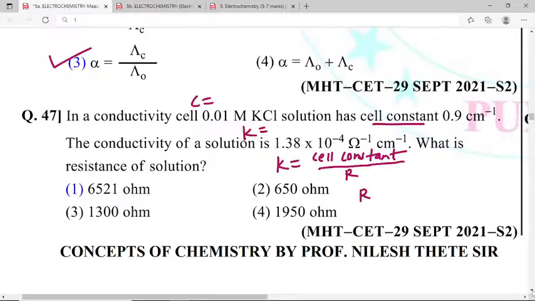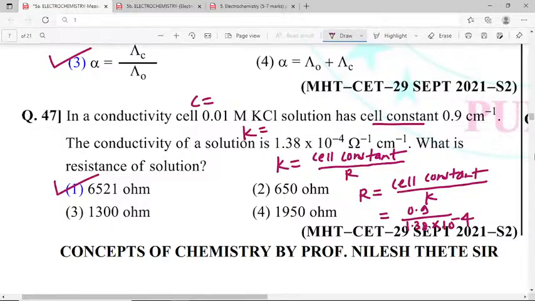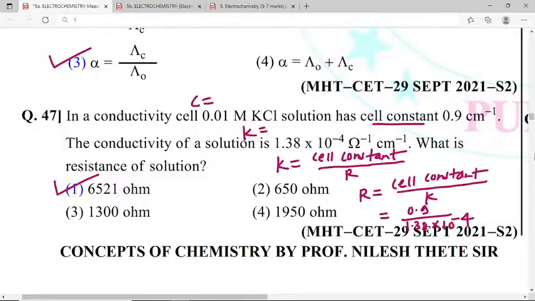So resistance is equal to cell constant divided by conductivity. Substitute the values: cell constant 0.9 divided by conductivity 1.38 into 10 to the power minus 4. We get 6521 ohm as the answer.